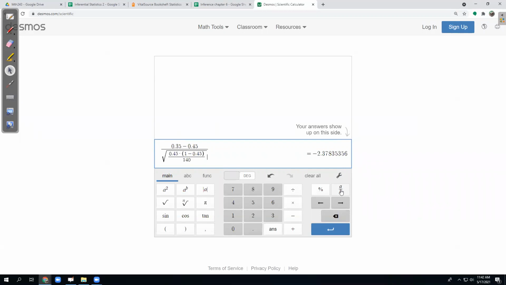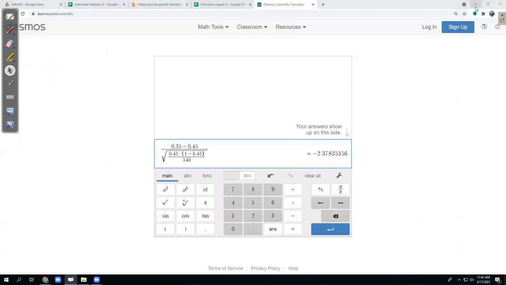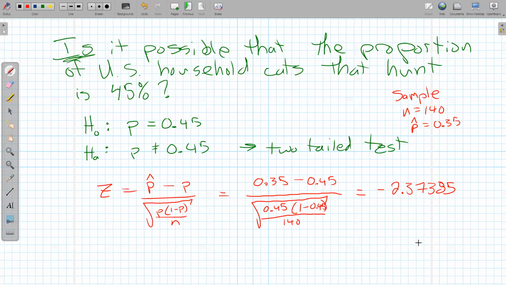Okay, so I'm getting a z-score of negative 2.37835. I didn't write it right at first.